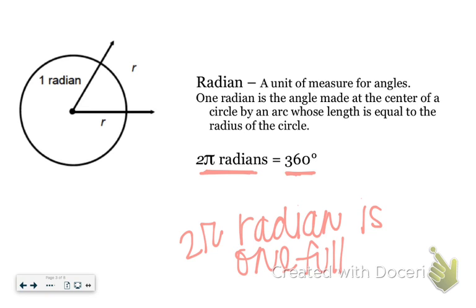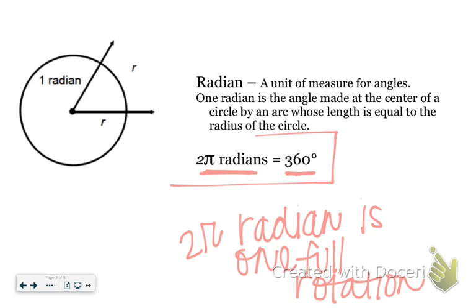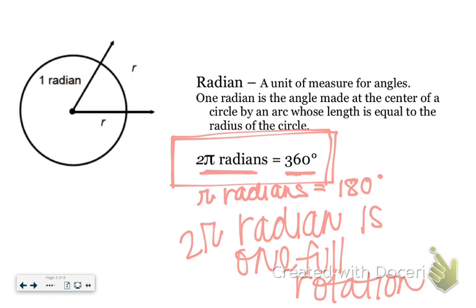This is very important to remember: 2 pi radians is equal to 360 degrees. Which means that pi radians is equal to 180 degrees, because you would just take half of 360, which is 180, and half of a rotation is pi radians.